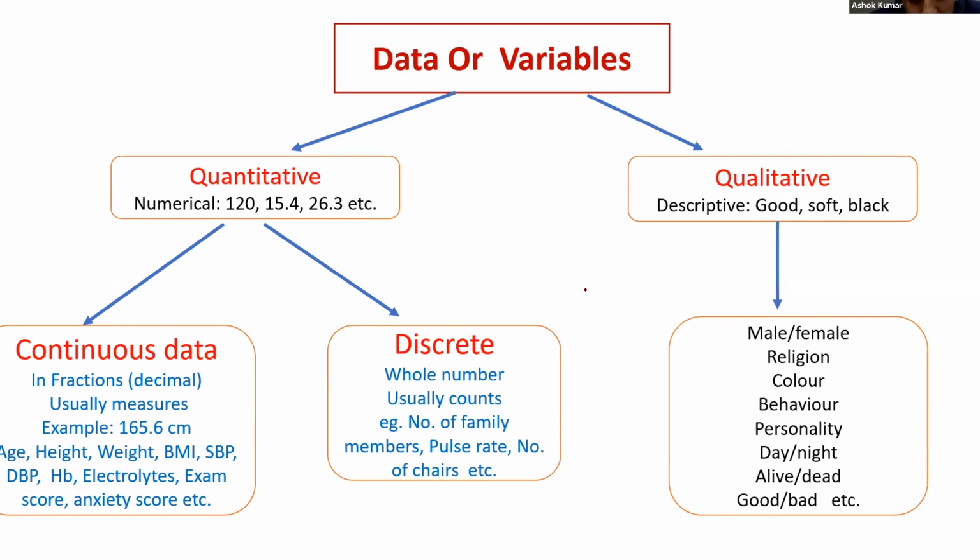But I want to give an example about systolic BP or diastolic BP. These are continuous data, not discrete data, even if we are not giving decimals. I think anesthesia people know this very well.